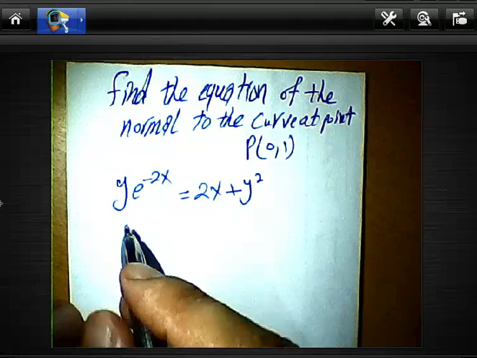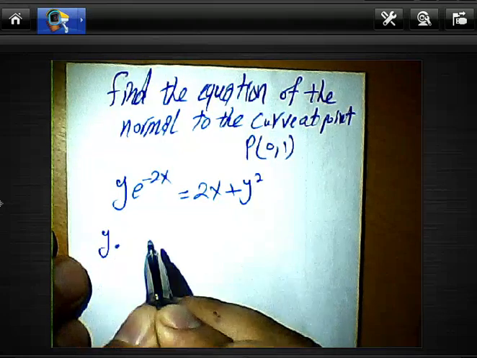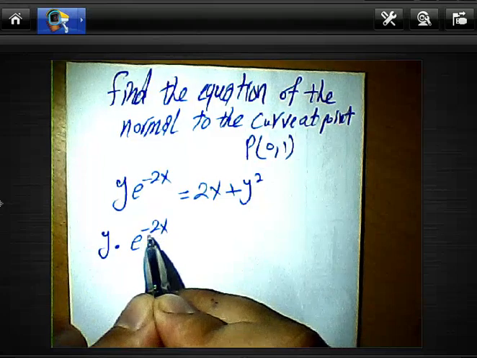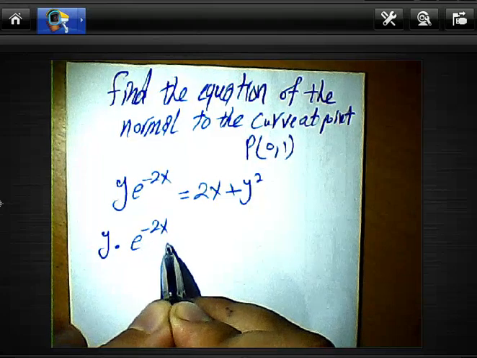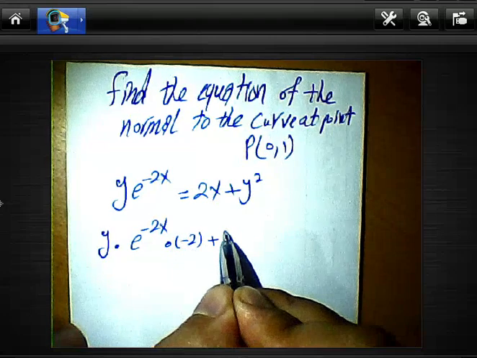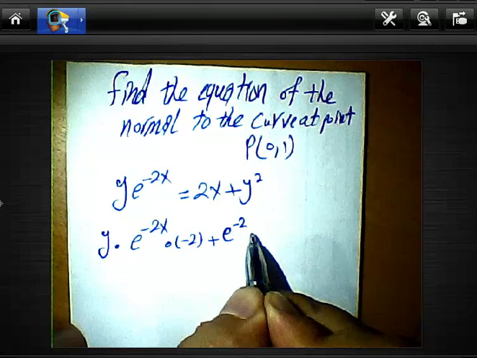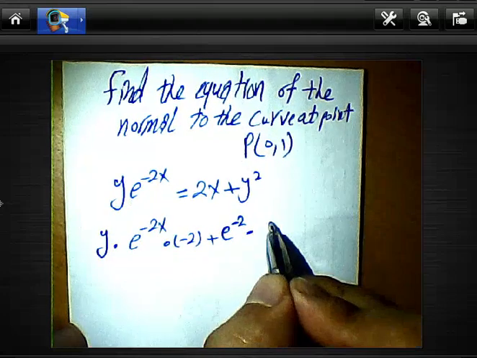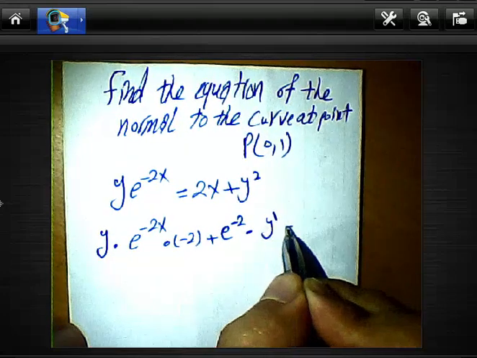Okay, we can write first multiply by the derivative of the second, e power negative 2x, multiply the derivative of this power, which will be negative 2, plus the second multiply by the derivative of the first, which will be dy over dx. It will be y dash.